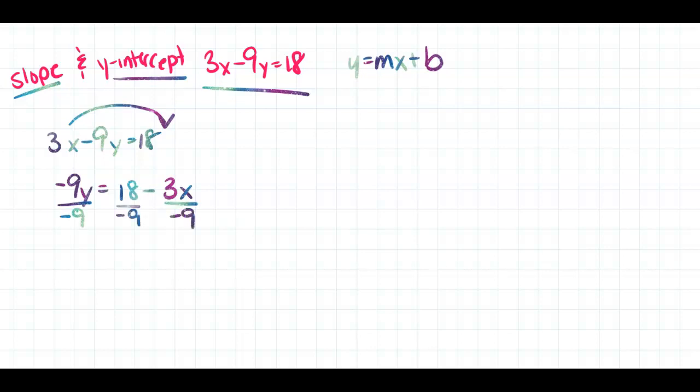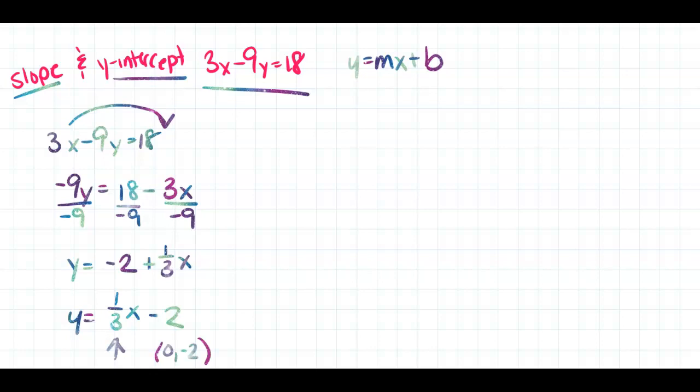That means that I have y equals 18 divided by negative 9 is negative 2, and negative 3 over negative 9, those cancel, plus 1/3 x. So now if I just rewrite it appropriately, y equals 1/3 x minus 2. Now I know my slope is 1/3. My y-intercept is 0, negative 2.